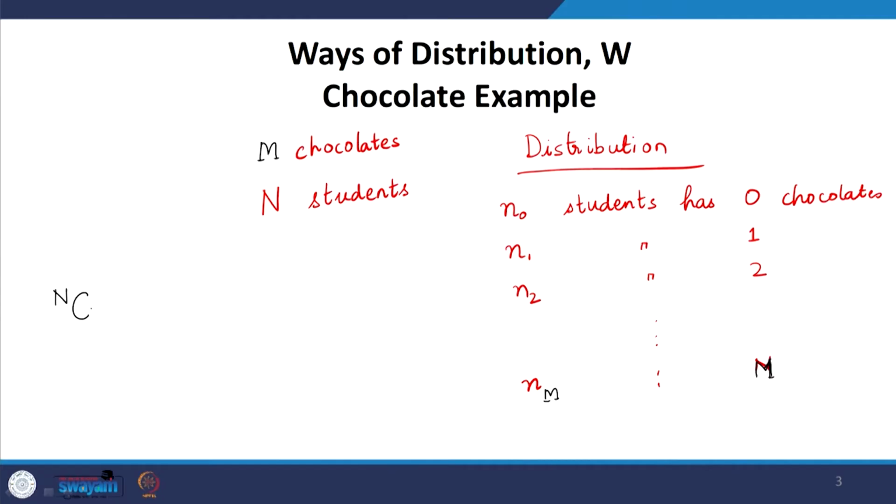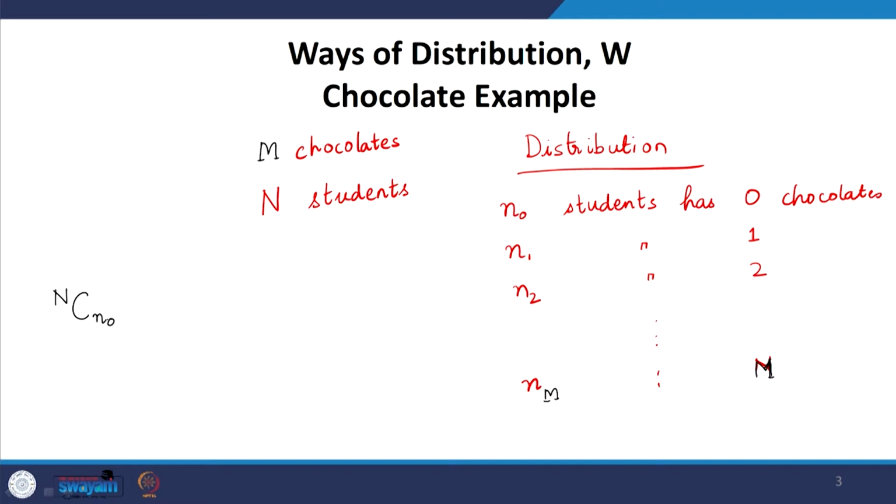So, now how many ways can we do that, right, and one way to think about it is that first out of these n students I will pick n0 students who will get 0 chocolates, and in how many ways can we do that? We can do that in nCn0 ways.